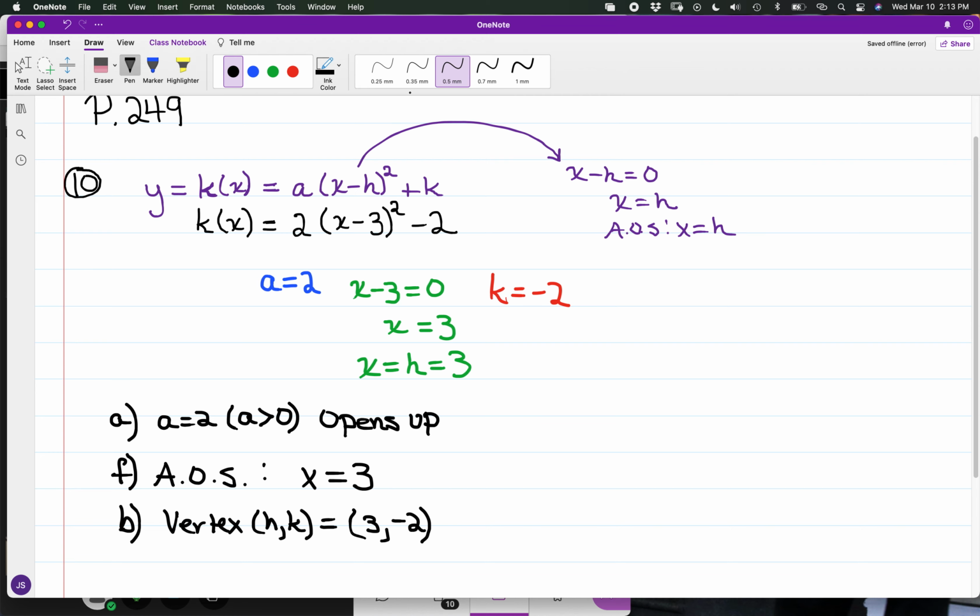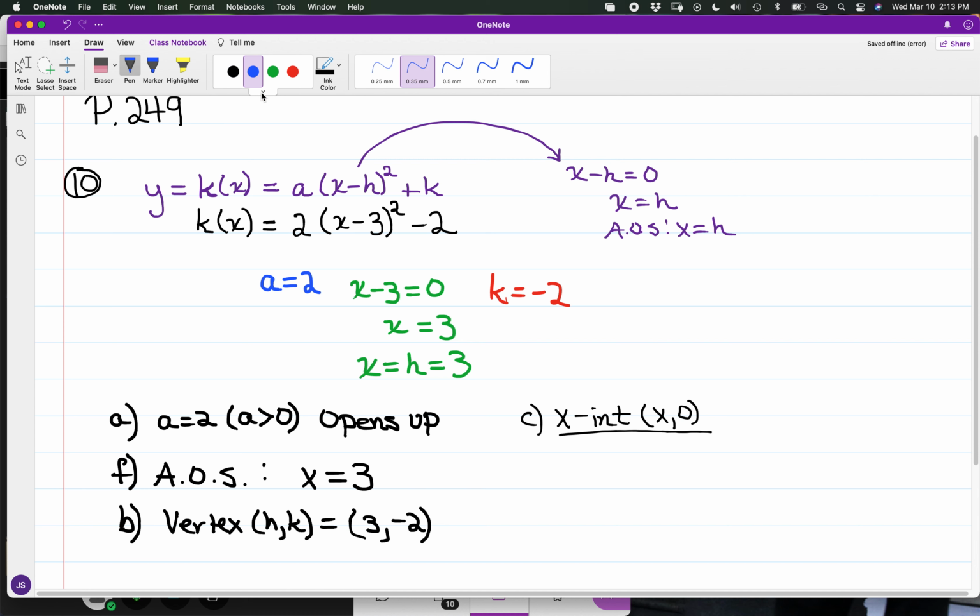Now for the intercepts, with the x-intercepts, we have x, 0. In solving for x, I'm looking at setting y, or in this case k of x, equal to 0 and solving for x.